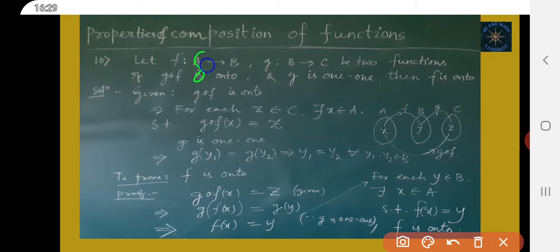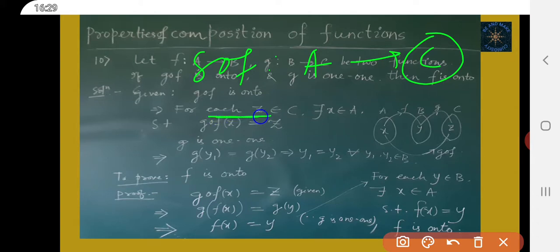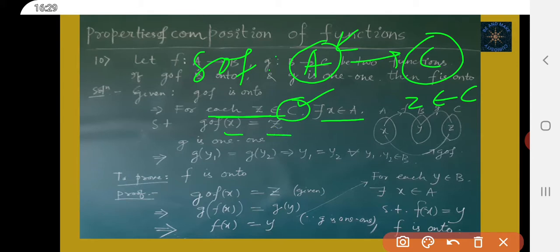So as g∘f mapping from A to C, for each element z belonging to set C, there must exist what? x in set A such that g∘f of x is equal to z.